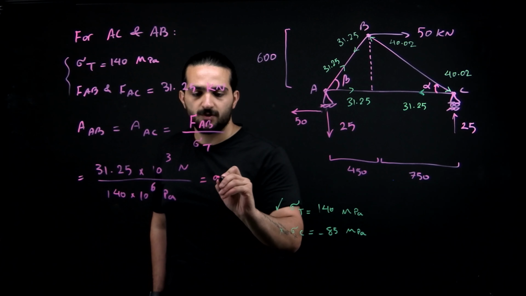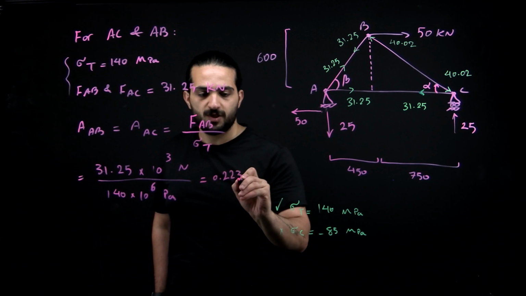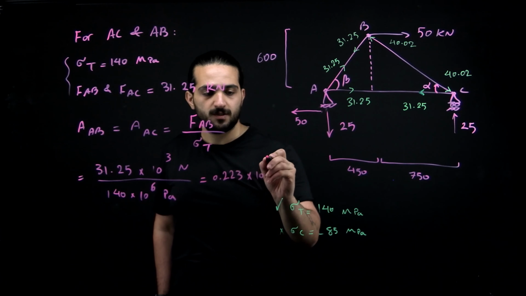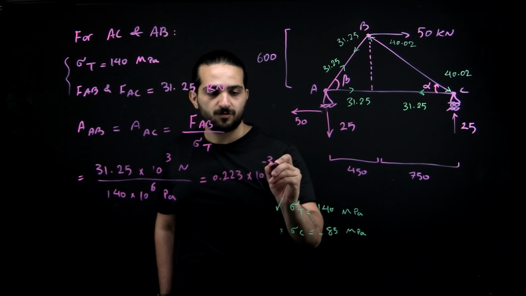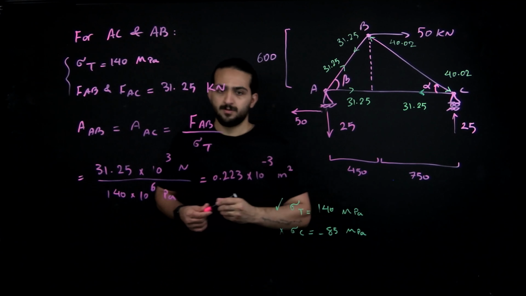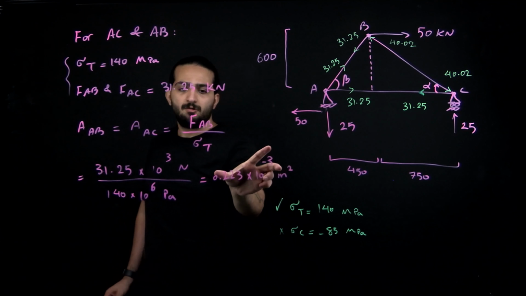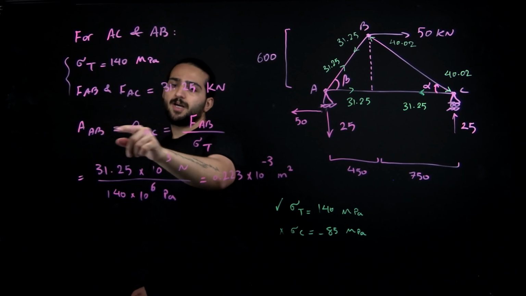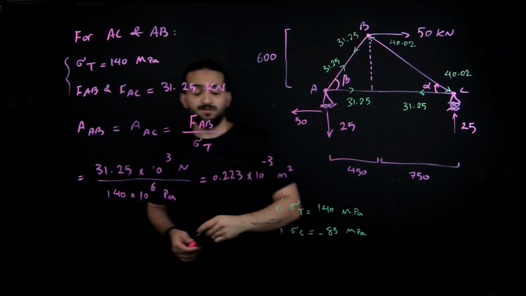This is equal to 0.223 multiplied by 10 to the power of negative 3 square meter. So this is the required area for members AB and AC, which are in tension.